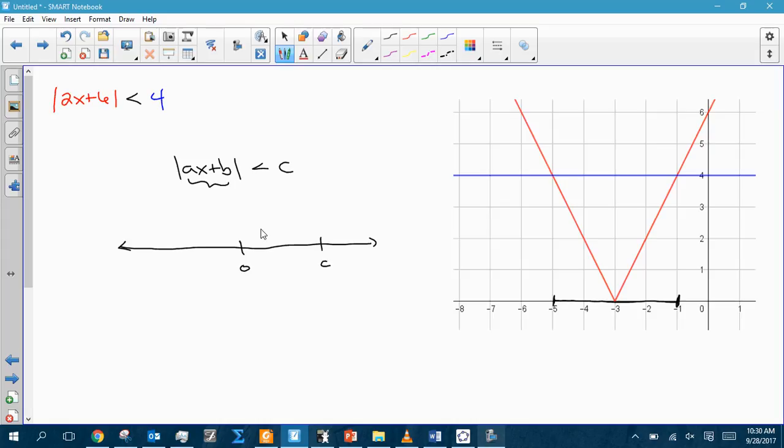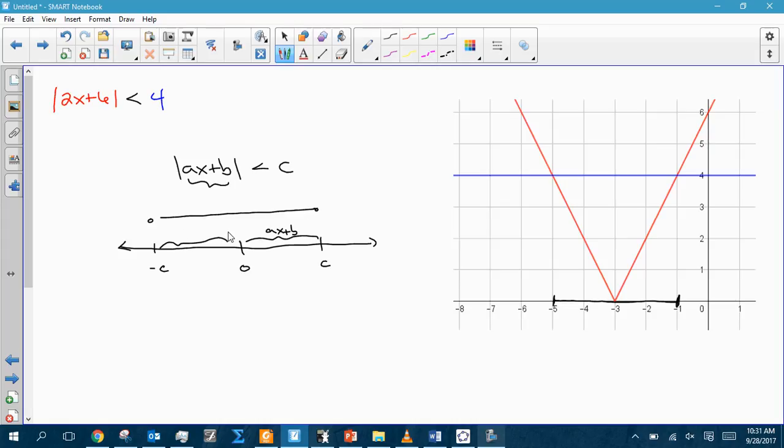So less than c, I'm looking for x values that, plugged in there, will give me an ax plus b somewhere inside that interval. But we also know that anything over here can also be less than c units from 0. So we're looking at basically that line segment.